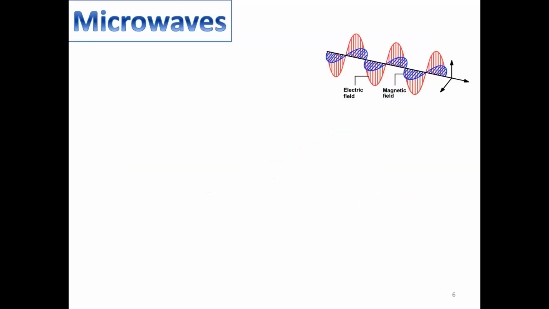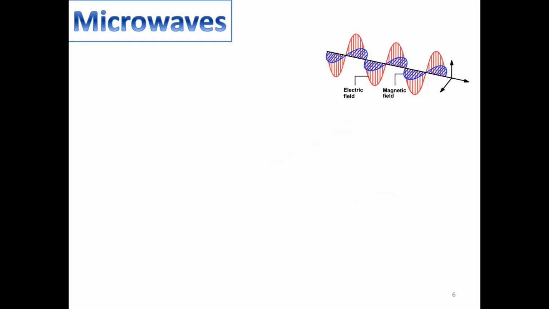Now look at the microwaves. The red one is the electric field. The blue one is the magnetic field.